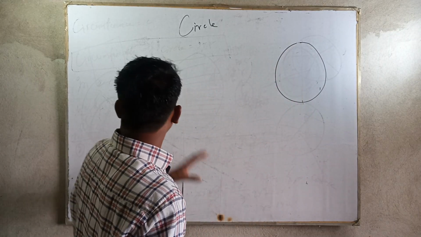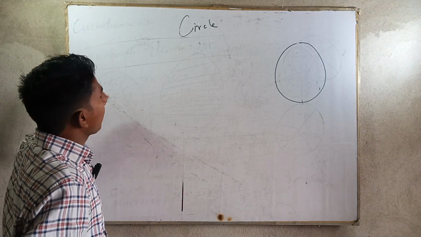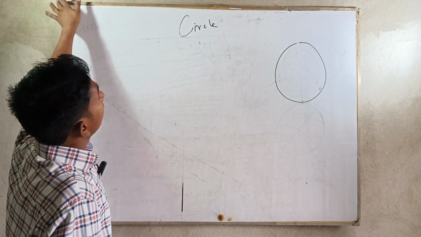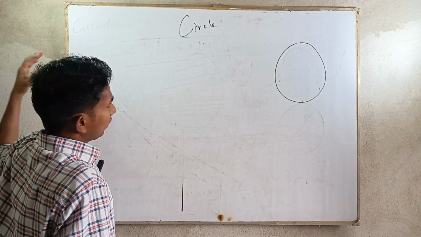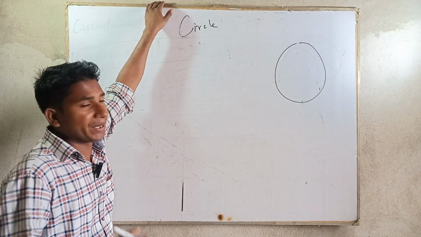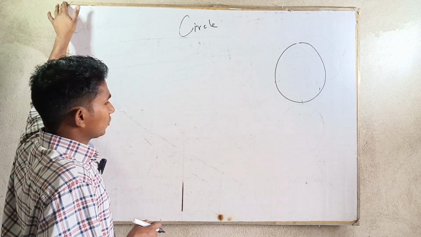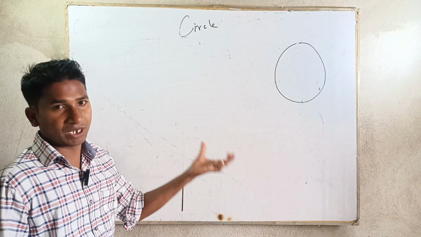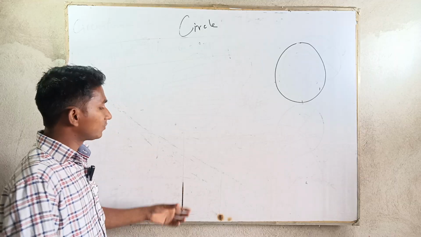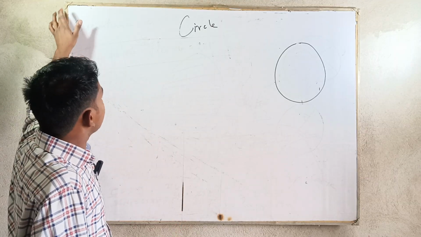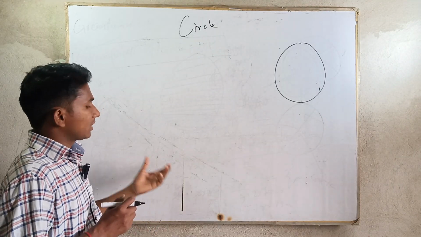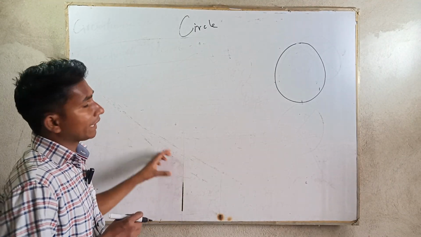Area means how much. Suppose this board covers some area of this wall, and I have to paint this wall. Then how much area will not be painted? Of course, as much area as is covered by this board will not be painted. The wall without painting is called area.